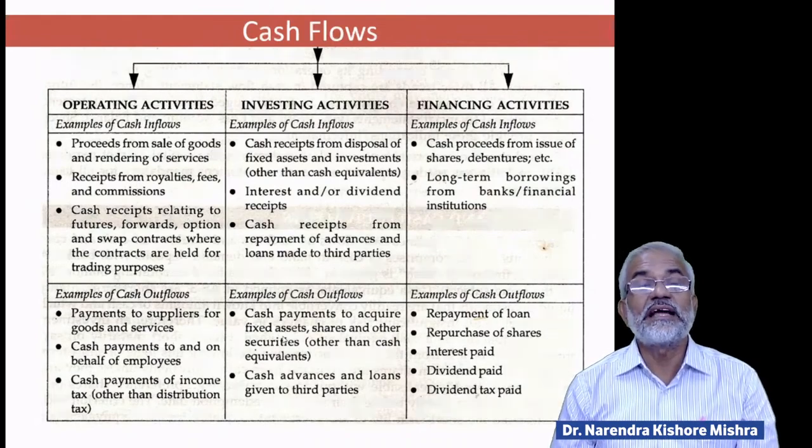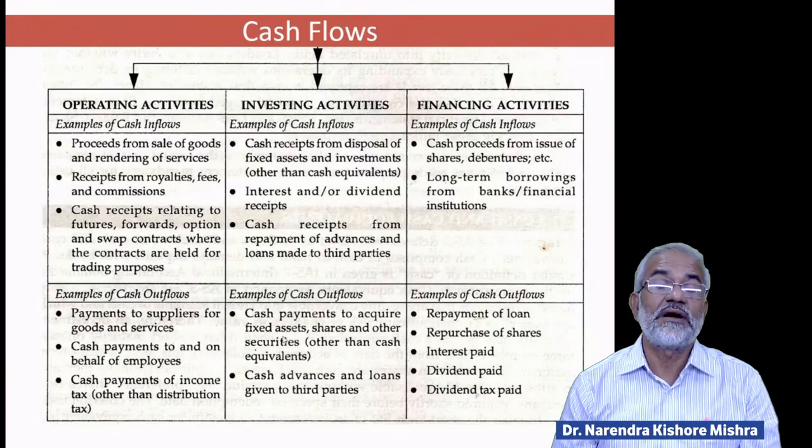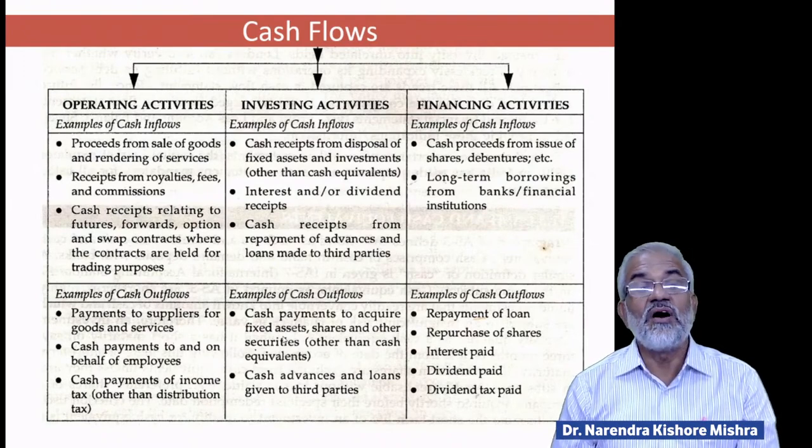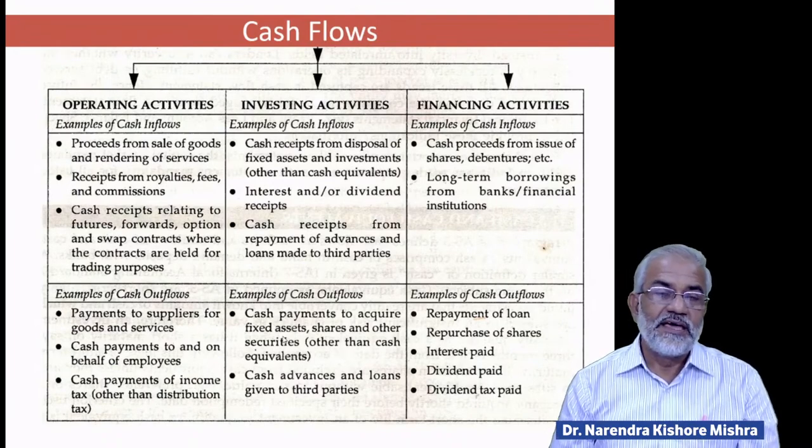Similarly, there may be operating activities which result in outflow of cash, and they are payments to suppliers for goods and services, cash payments to and on behalf of the employees, and cash payment of income tax other than distribution tax. All these are the outflow of cash from operating activities.